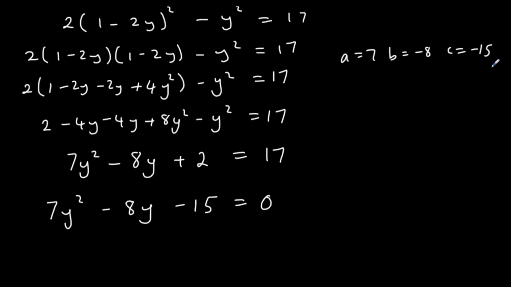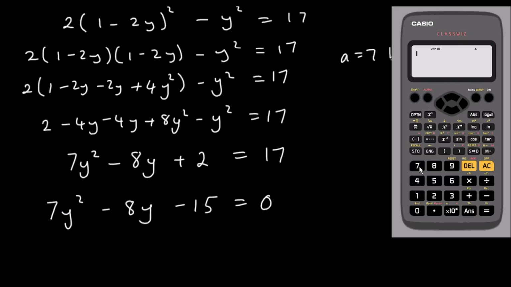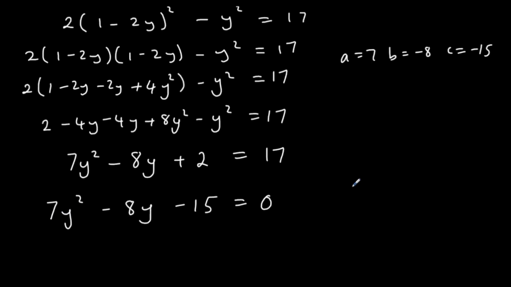But before I use that, I'm going to check if I can factorize it. So 7 times 15 is 105. So that's a times c, the first number times the last number. And then I'll see if anything multiplies to make 105 and adds to make 8.